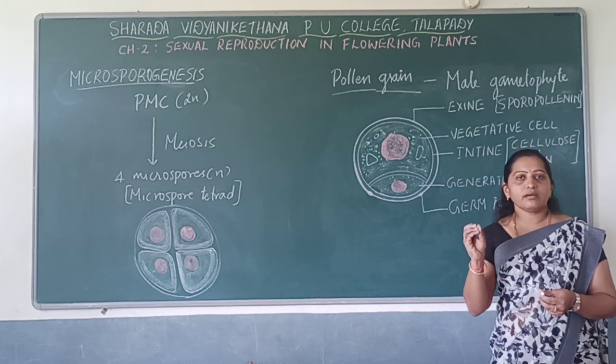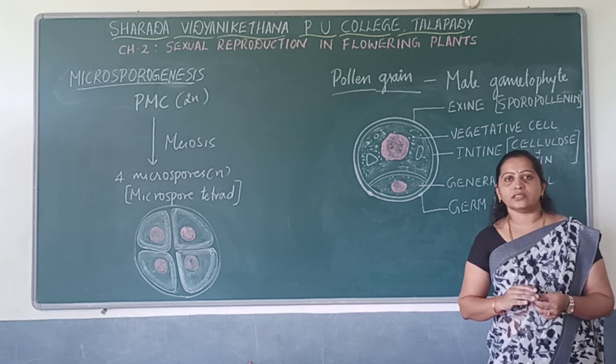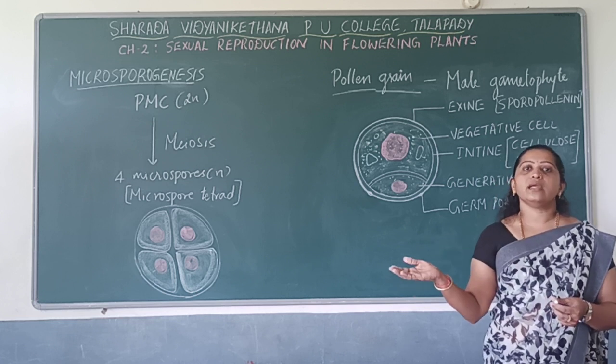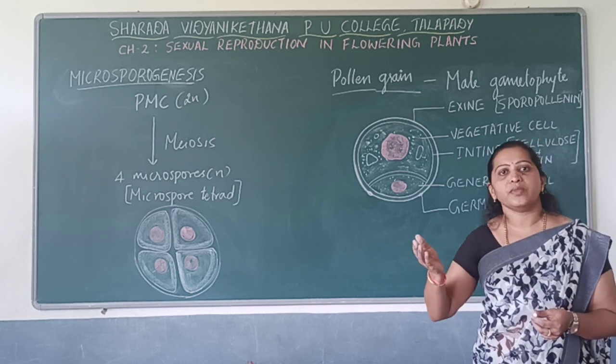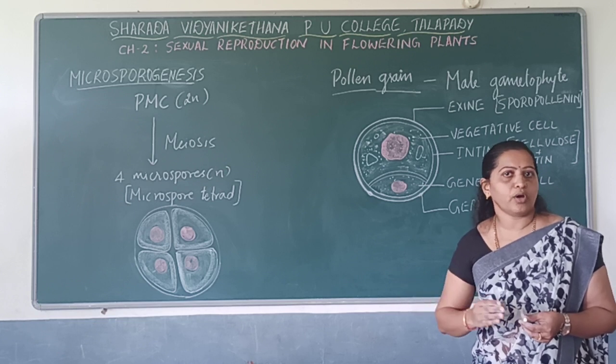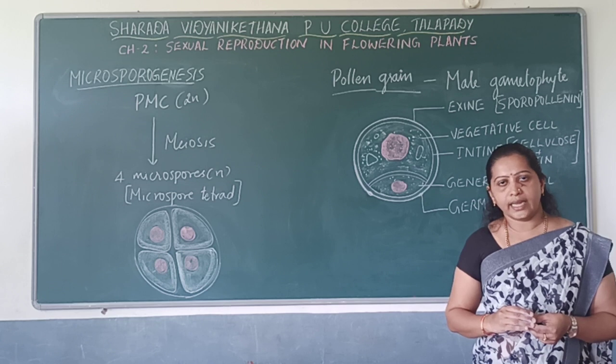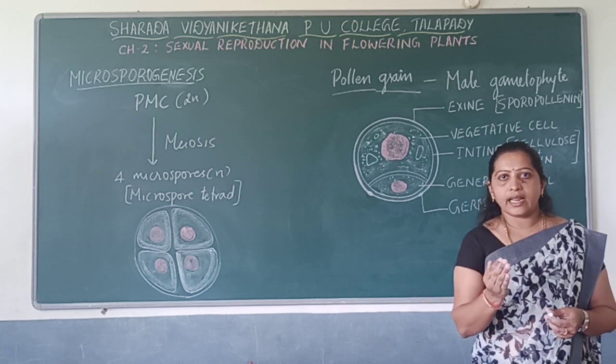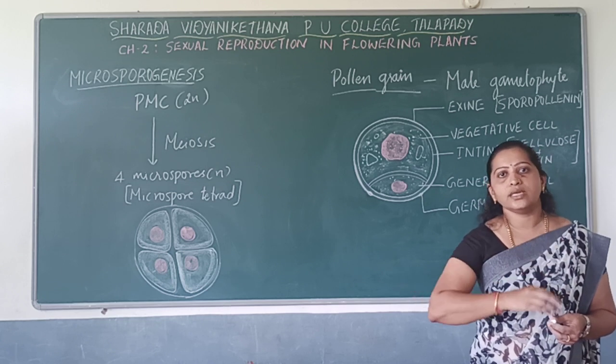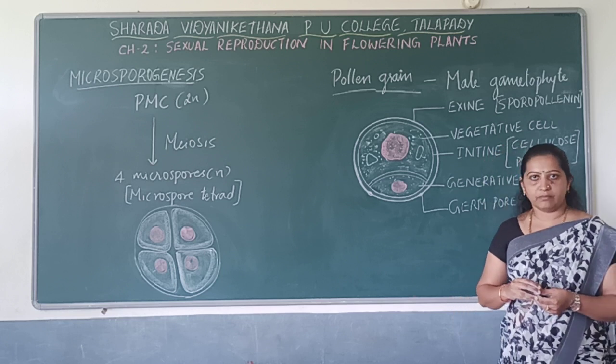Such pollen grains will be carried either by biotic pollinating agents or with the help of abiotic pollinating agents. They are carried and deposited on the surface of the stigma.